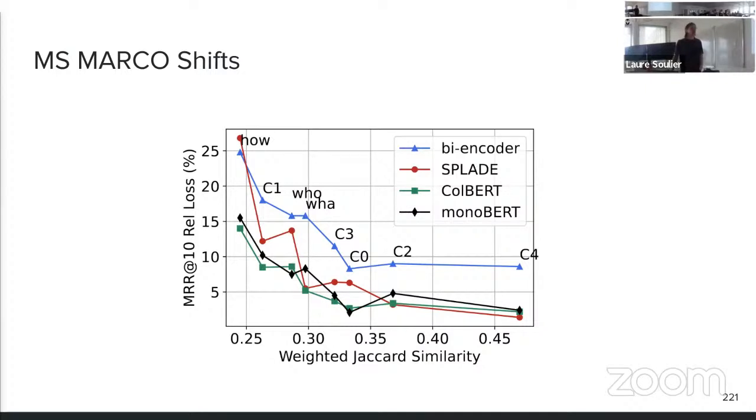No, we haven't worked on document ranking in this line. Initially we were not really convinced that there was a good benchmark to do that anyway, because if you take the MS MARCO documents, usually it works better if you just decompose them into passages and take the max score.